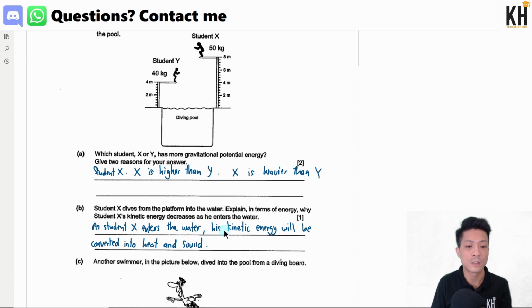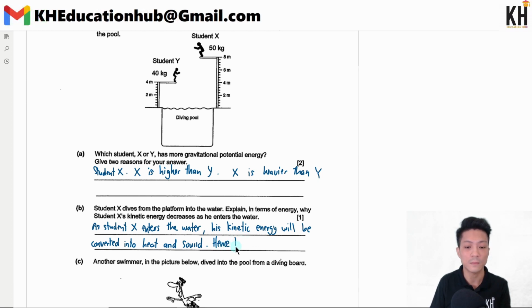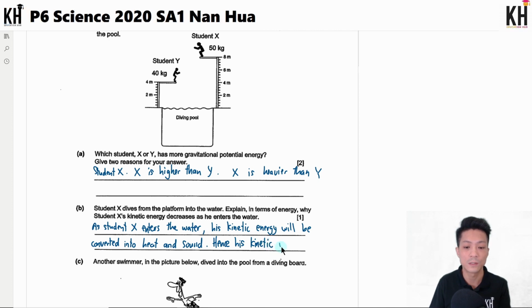You can continue to say that hence his kinetic energy will decrease.